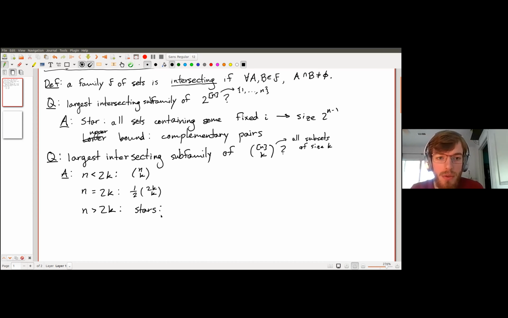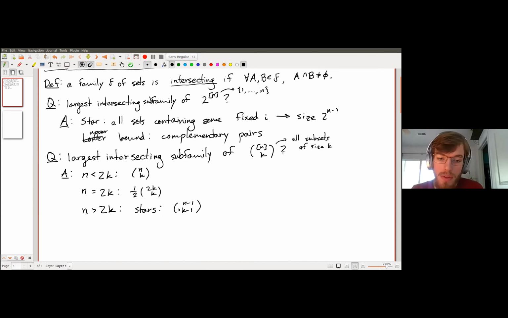Stars, our construction, will give some lower bound on the largest subfamily. So if I'm looking at all the k-sets that contain the element 1, then I need to choose the k minus 1 other elements of the k-set from the n minus 1 other elements of the ground set, 2 up to n.